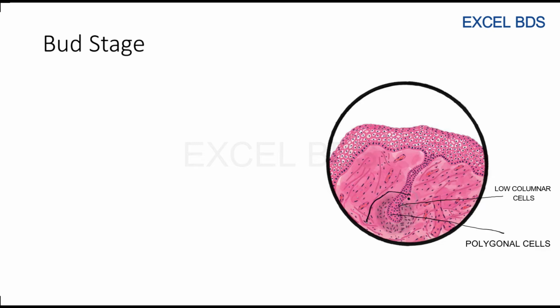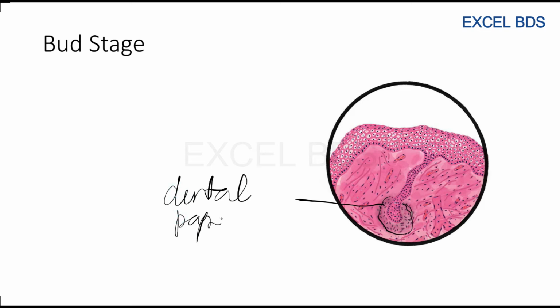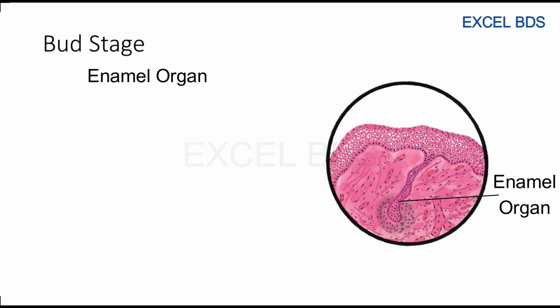And this condensation over here that you can see, the cells are condensing here like this. What is that? That is the ectomesenchyme. That is the condensation of ectomesenchyme. And this condensation of ectomesenchyme, the structure is known as dental papilla. Okay? Dental papilla. So, what happens here? This enamel organ, it is called enamel organ, no?